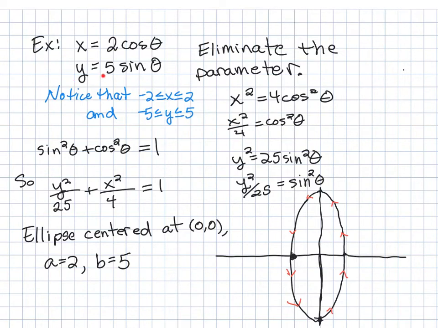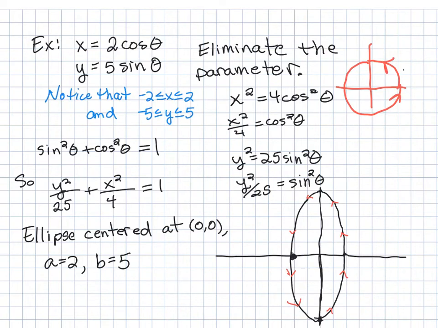Now we have these two equations, and if we plug in values for theta, and normally we would start at 0 for theta and we'd rotate around, here let me draw it, we would start on the positive x-axis and we would rotate around through theta. We know how to do this, right?